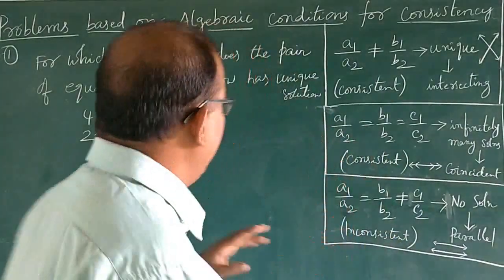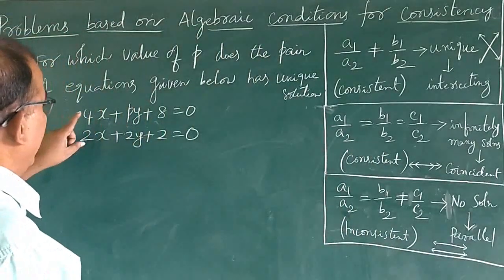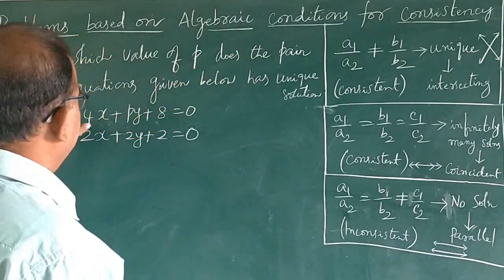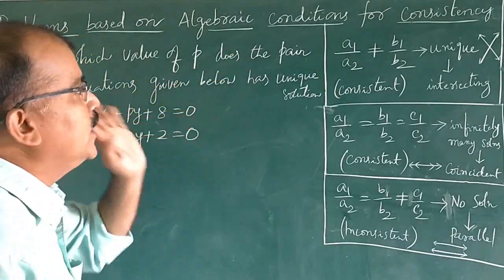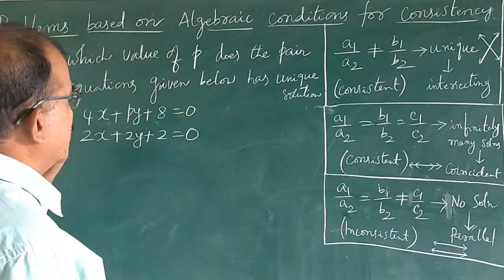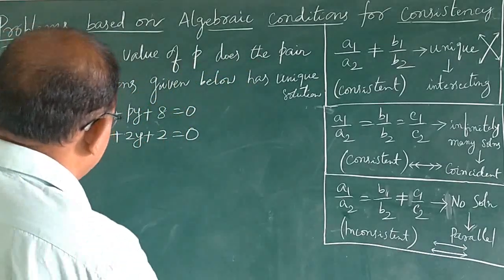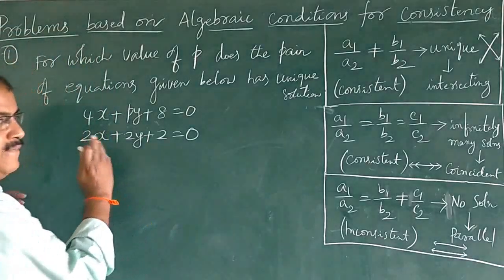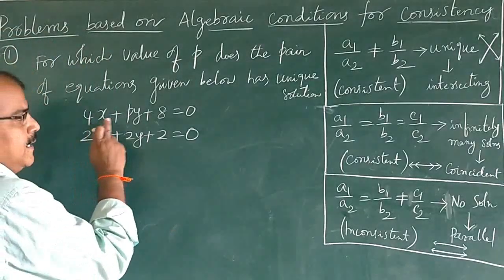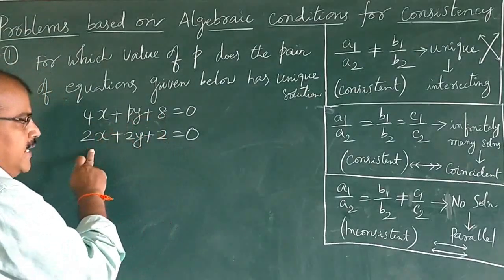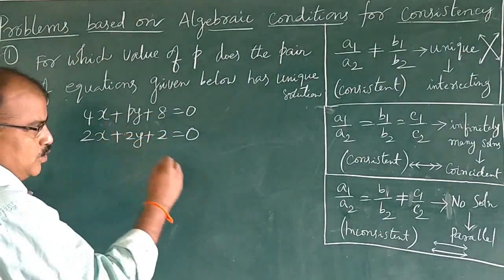So, in this question, in this 4x plus py, for which value of p does the pair of equations given below have a unique solution? If p is equal to something, then we can find the unique solution. You see, compare with a1x plus b1y plus c1 is equal to 0, a2x plus b2y plus c2 is equal to 0.